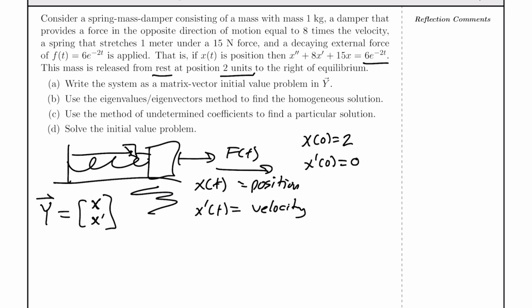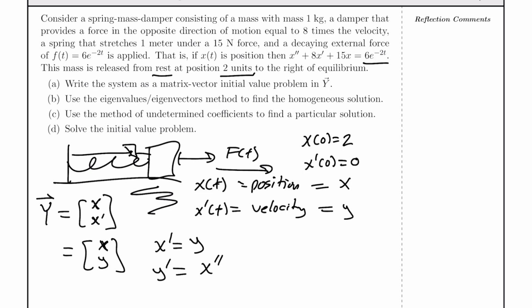And that means, well, if we do a little bit of thinking here, we know that x prime is equal to... let's call this x, y, okay? So let's let y be the velocity and x be the position. Then x prime is equal to y, and y prime is equal to x double prime, because the derivative of velocity is the second derivative of position.